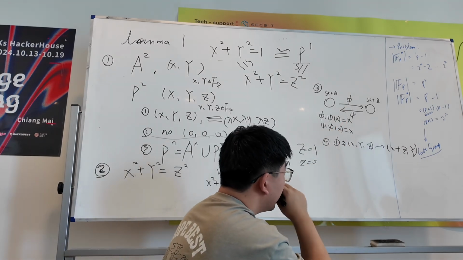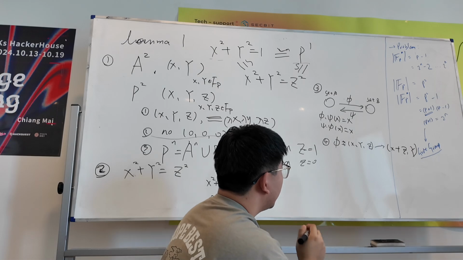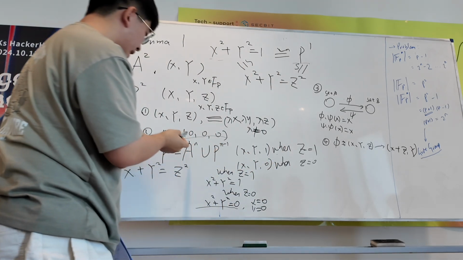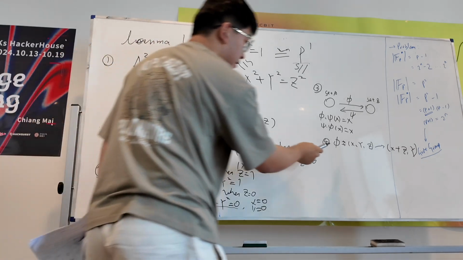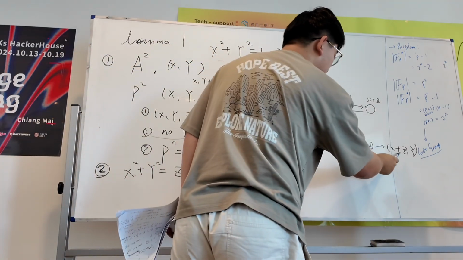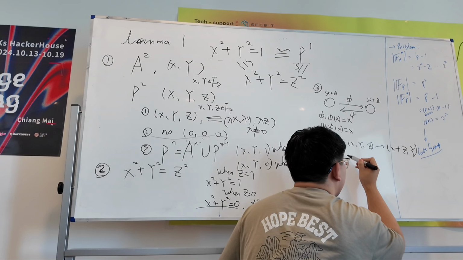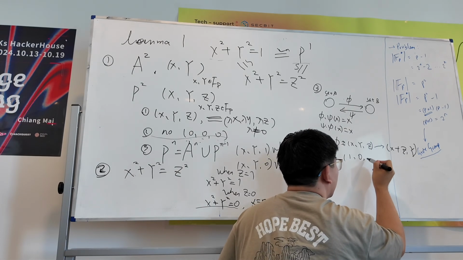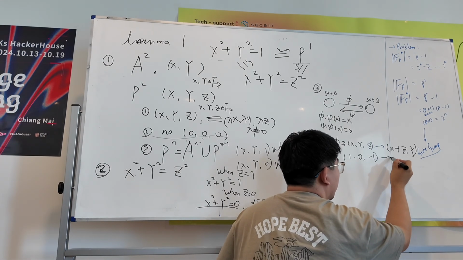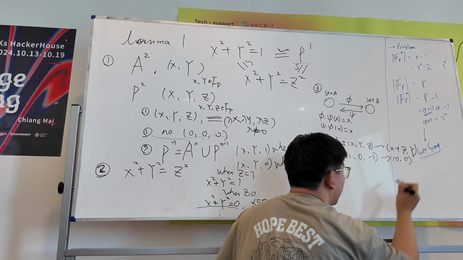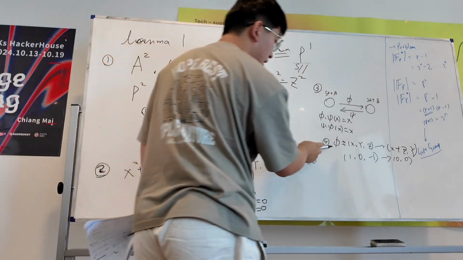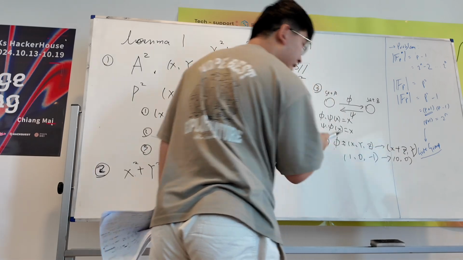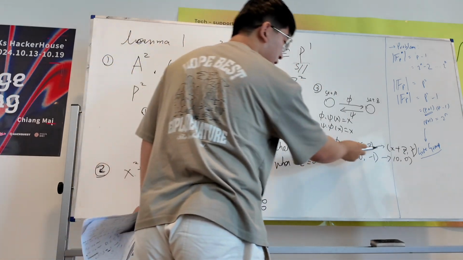But there is a bad thing: remember we don't have 0, 0, 0. But this map actually sends 1, 0, minus 1 to 0, 1, 0. So this map is bad, and we can't use it directly. But at other points, the map is good.